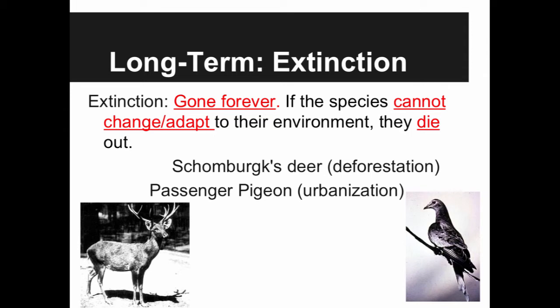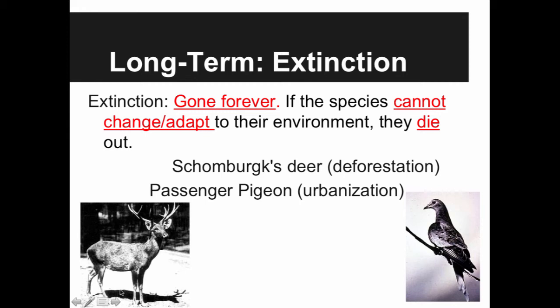So what does extinction mean? Extinction means gone forever. If a species cannot adapt to the environment that is changing, they will die out. They will go extinct, meaning that species and that organism can never come back. Okay, this type of deer, it is now extinct due to deforestation.